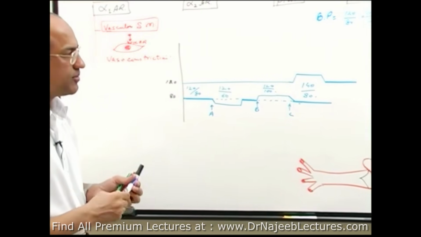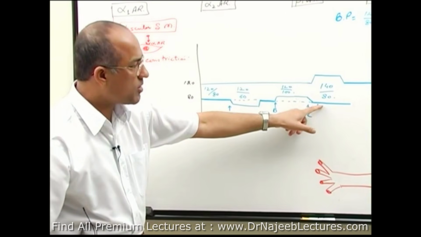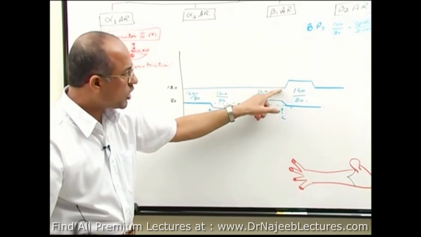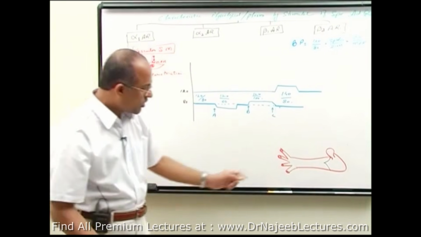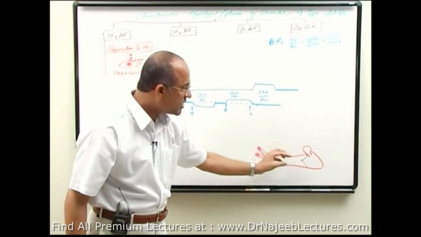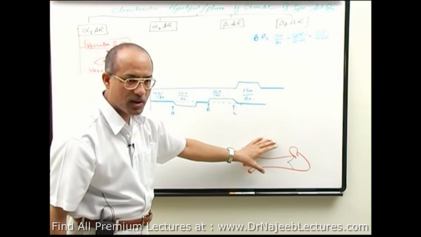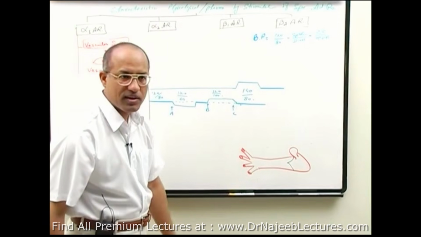So what has happened? Diastolic blood pressure is normal as in the beginning, right? Systolic blood pressure has increased. It means when you took the blood pressure here, during the systole, it was more than usual, but during diastole it was normal. So what is the change?